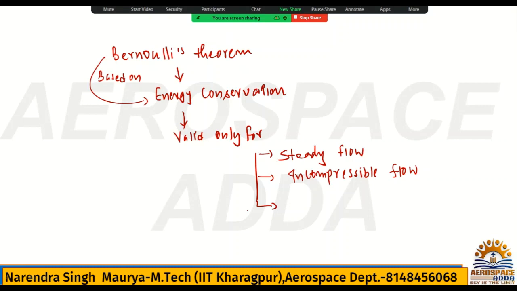and it is valid for inviscid flow. Need to remember, this is very important.